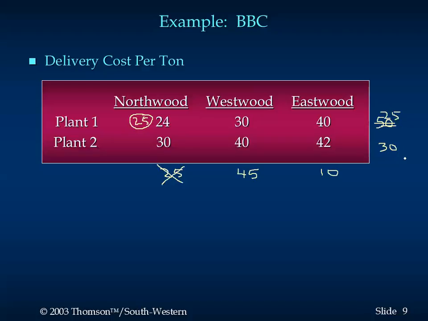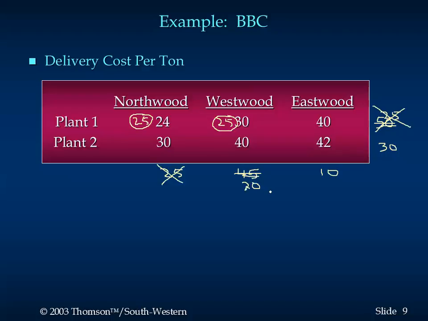Then I'll look for the next least cost cell. Where is the next least cost cell? Westwood, right? And how much can I allocate here? Well, 25 is available, 45 is required. So I'll allocate 25 here, the minimum of the amount available and the demand required. Now this is completed, and there are 20 units left here.